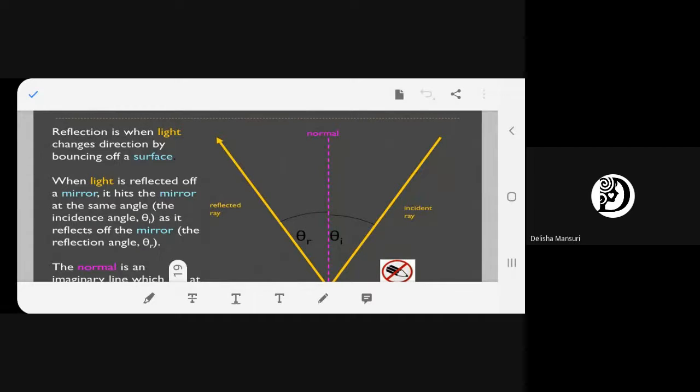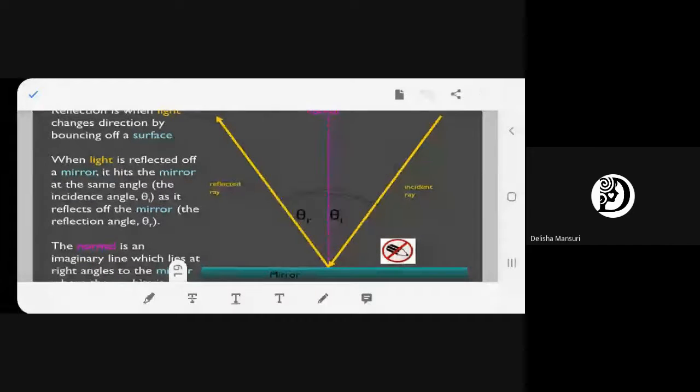What is happening? Where is the incident ray over here? This one. It bounces off. When it bounces off, it becomes the reflected ray. All of you understood? So the incident ray hits the mirror and then bounces off.